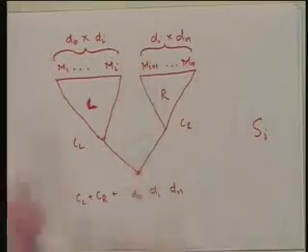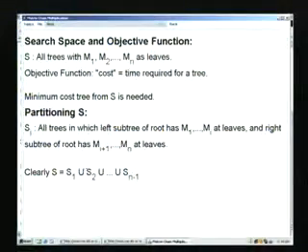I am going to consider a subspace for each value of i going from 1 to n minus 1, because I want at least one leaf on this side and one leaf on this side. If I take the union of these subspaces S1, S2 all the way till Sn minus 1, I will get my original space.